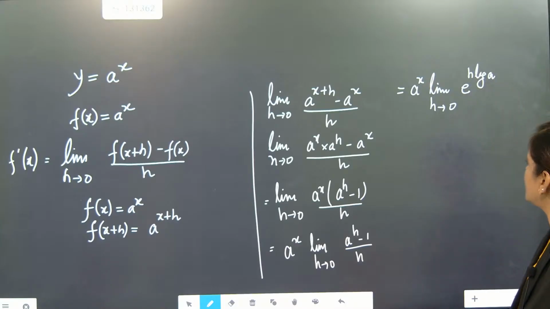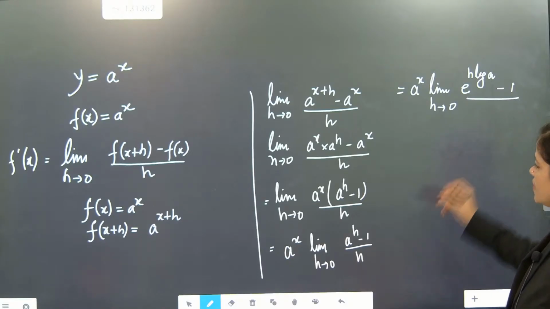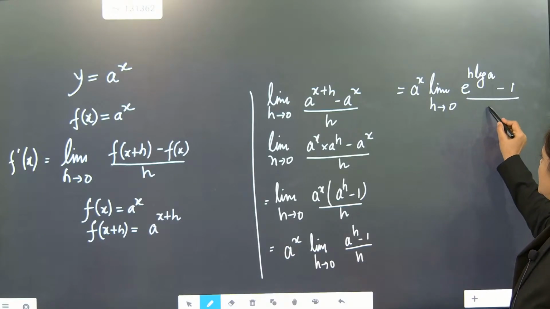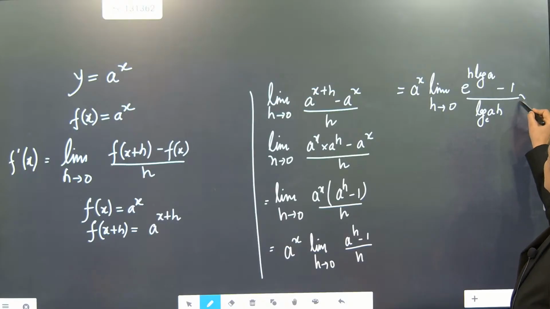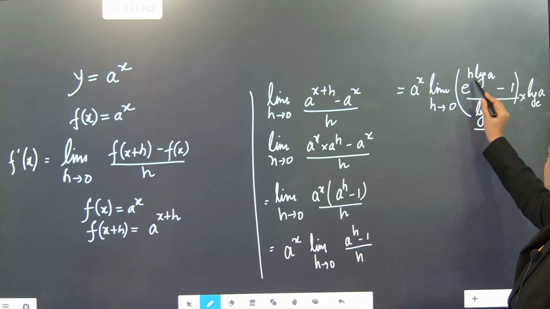This is the formula, minus 1. And that is what I already taught in the beginning section also. Now here h is multiplied by log base e a. So now this and this are the same.